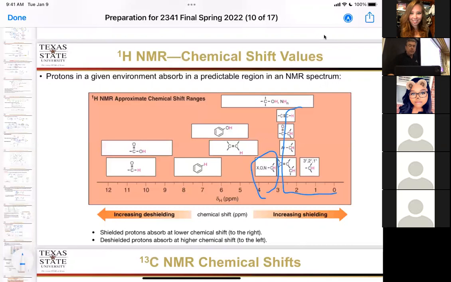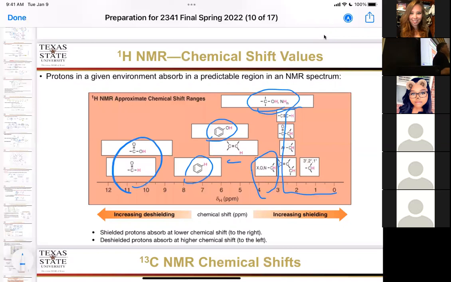Our hydrogens adjacent to oxygens, chlorines and nitrogens are here. Then we have our hydrogens on our OH and our nitrogen here. Then our alkenes, then our phenols, then our benzenes, and then our aldehydes and carboxylic acids are really high. Okay? So they follow this zone, they march all the way down.